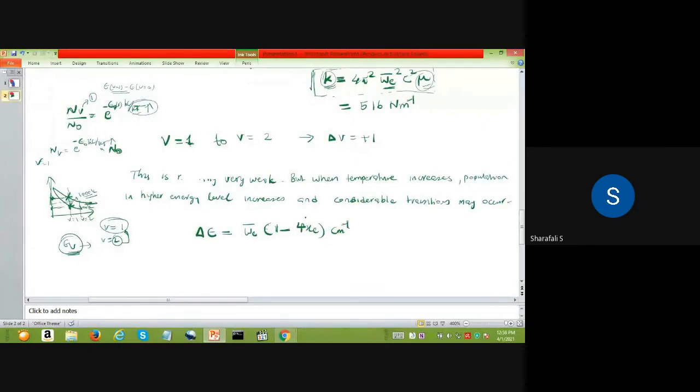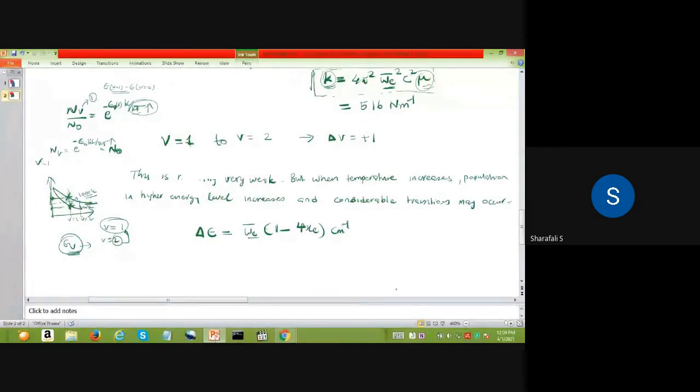Similarly, you can consider the next transitions, for example 2 to 3, 3 to 4, all of those. Then you have a different number of hot bands which will also be present in your spectrum. In this case, we will have omega E bar into 1 minus 4xc.